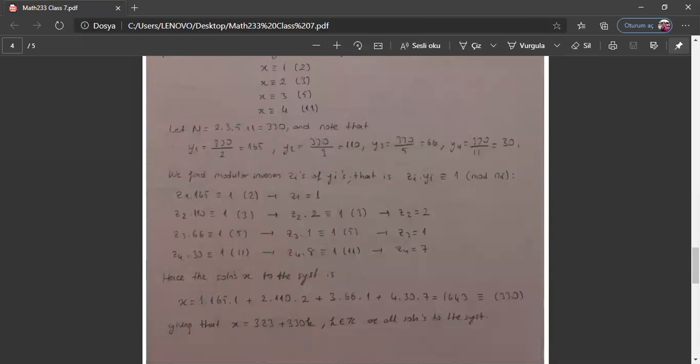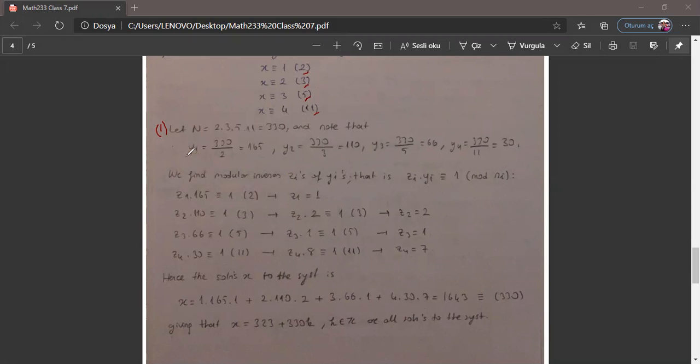Let me write it. This is the first step. So what do you do? You write capital N by multiplying each of these moduli. Okay, this, and this. You first compute it.